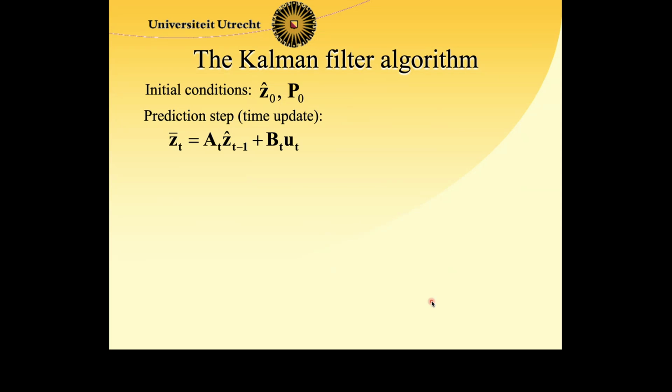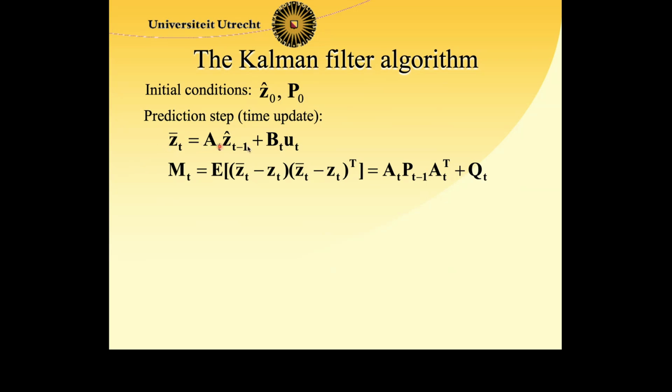Now we can apply this in the Kalman filter algorithm. Suppose that we know the initial conditions, and we also know that we know them with a certain error. This is the error covariance matrix of the initial conditions. Then we can do a prediction step, the so-called time update.